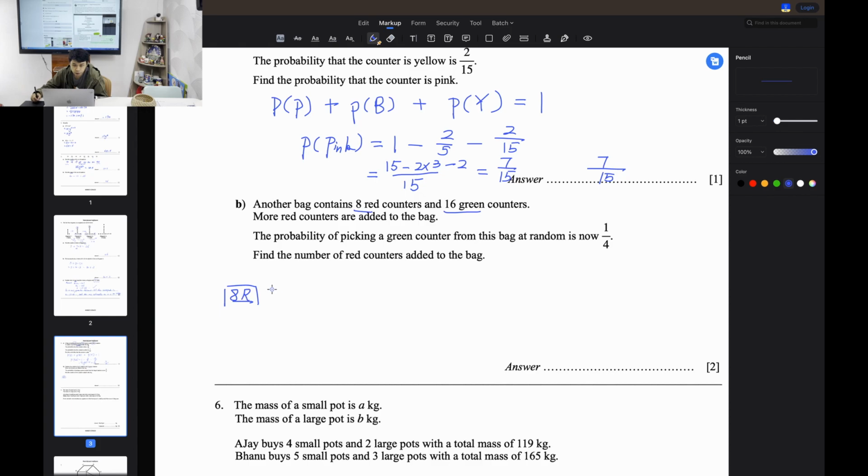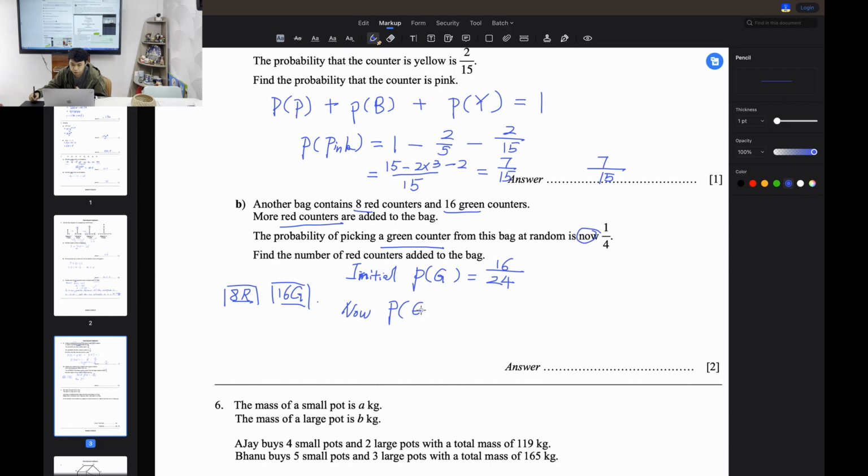Now we have to add more red counters to make the probability of picking a green counter now 1/4. But initially the probability of picking a green is 16 over 24. Total is 24.